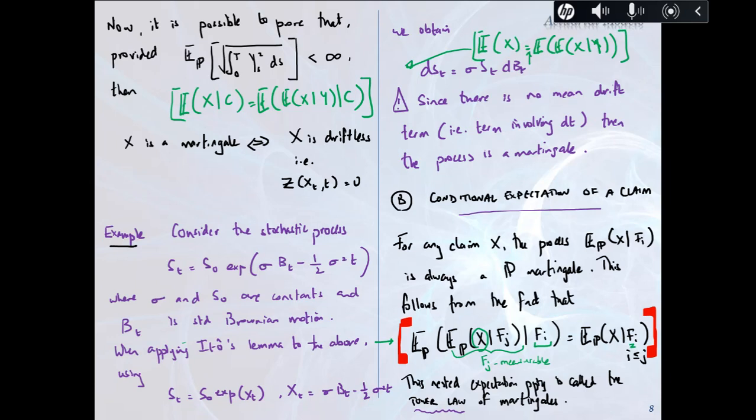Given that we have this important result, when we apply it in the case of the martingale, when we use this property, we call this the Tower law of martingale.